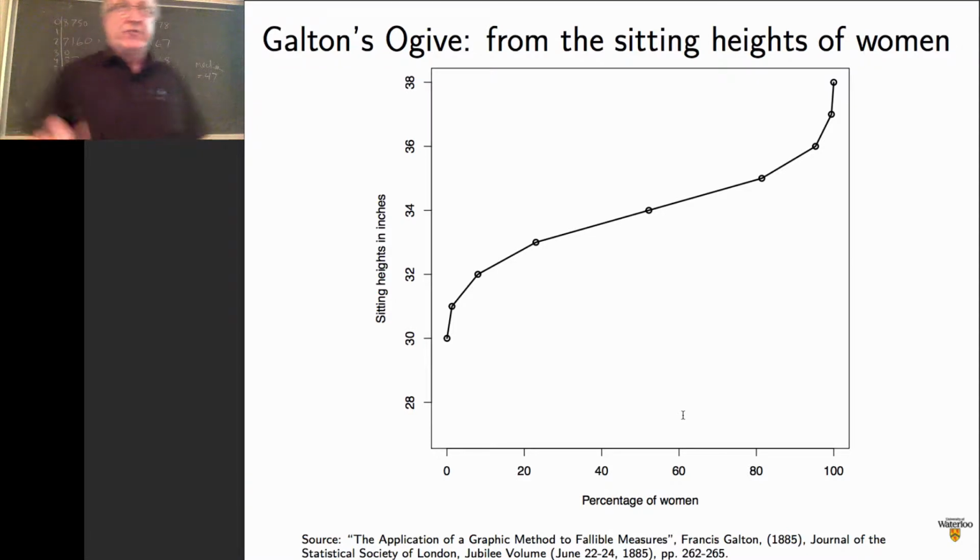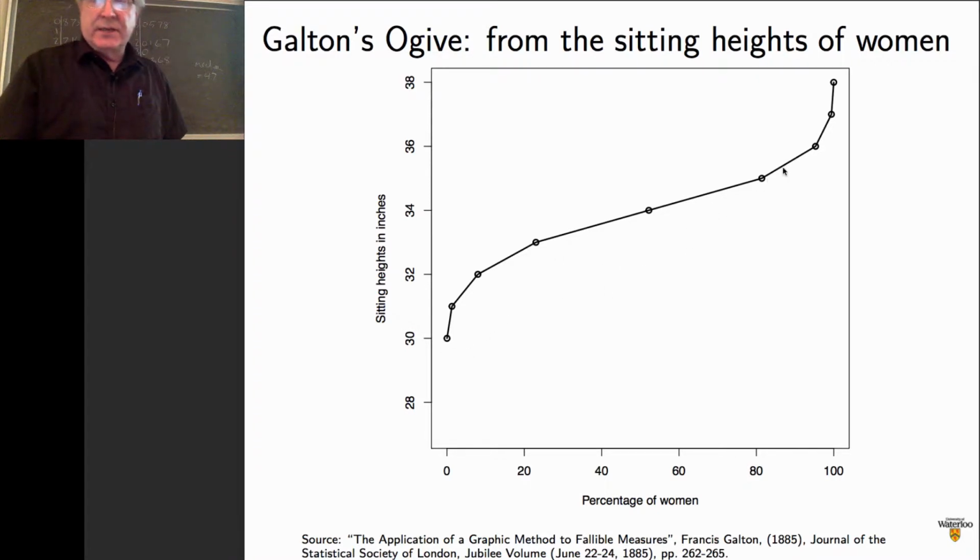These are for particular proportions of women. The percentage of women whose sitting height was less than or equal to 30 is here. This is the median: about half of the women in the sample had a sitting height of 34 and a bit. That's their height from the base where they're sitting to the top of it.